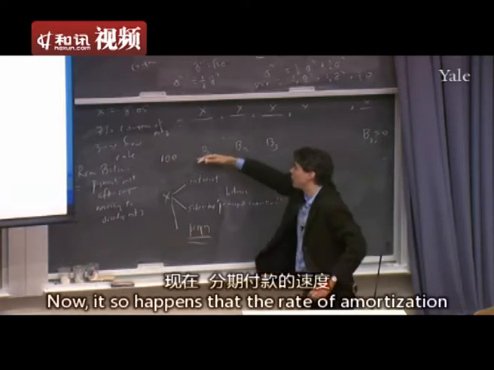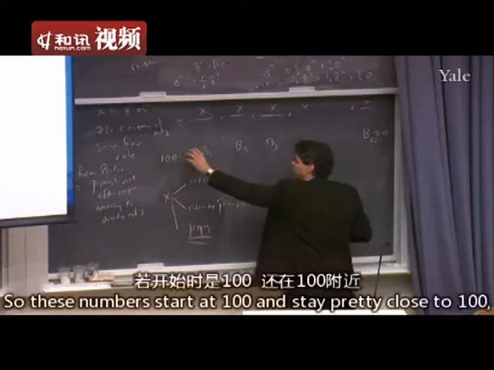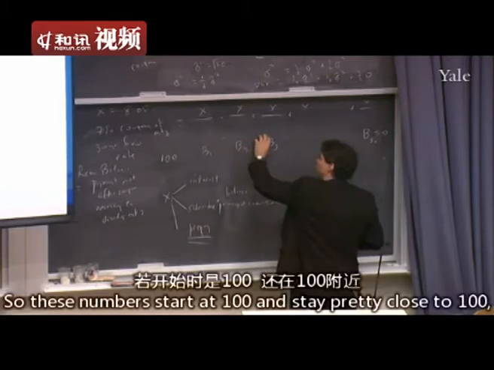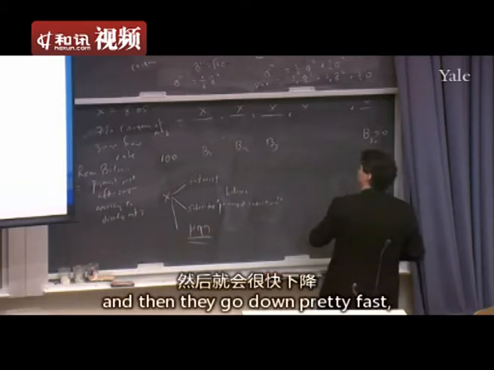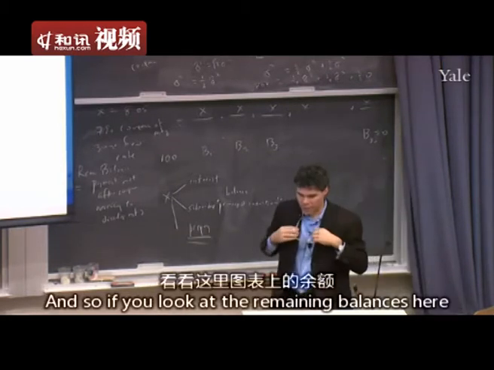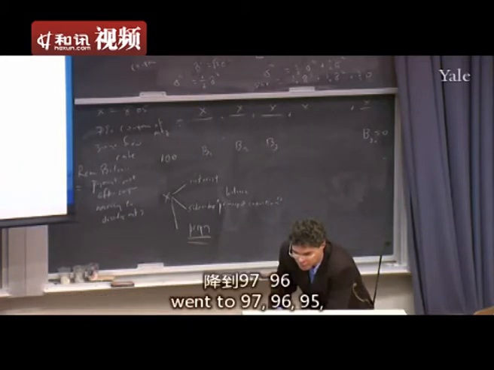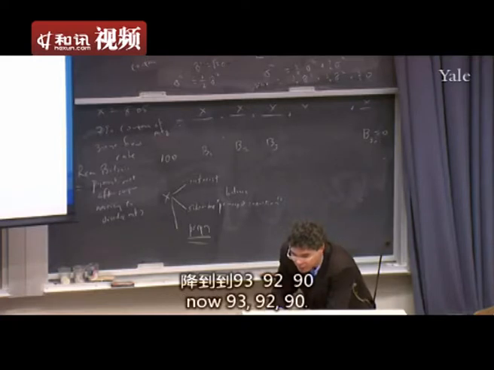Now, it so happens that the rate of amortization gets faster and faster. So these numbers start at 100 and stay pretty close to 100, and then they go down pretty fast, which is what his point is. And that's absolutely right. If you look at the remaining balances in this chart, it started at 100, went to 98, 97, 96, 95, now 93, 92.